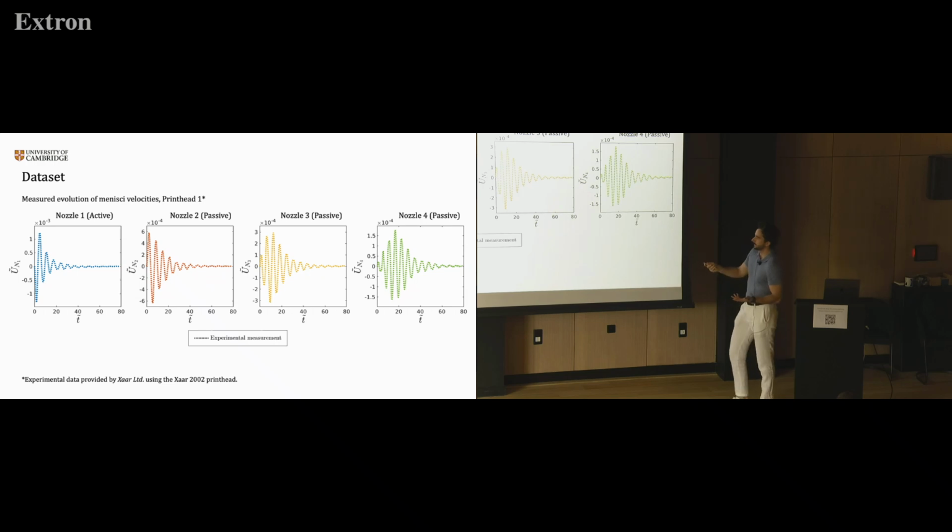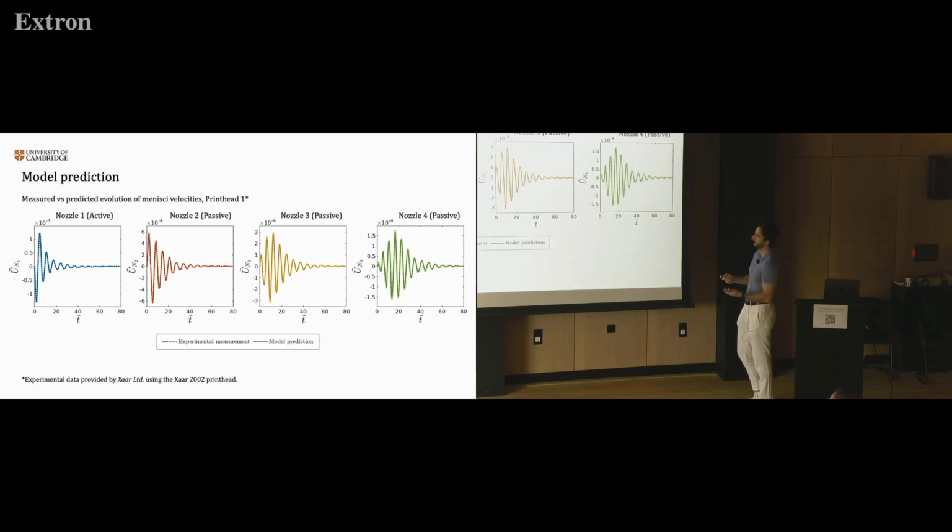So we see that at nozzle 1, the active one, the meniscus is vibrating, but we will see that the magnitude at nozzle 2, 3, and 4, which are the passive ones, is also non-negligible, okay? After we solve this optimization problem and we find the model parameters, we find a model prediction that fits the data with accuracy over the whole data set.